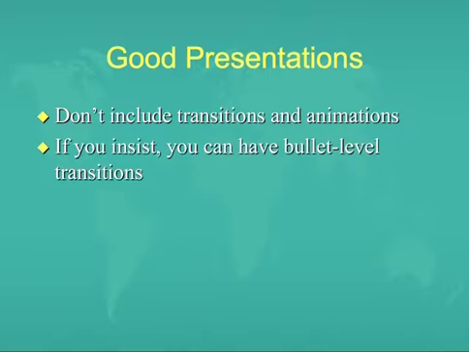If you insist, as your book explains, you can use bullet level transitions. Bullet level transitions help each bullet show up one by one on the screen. So here I have 2 bullets. If I had installed a transition, I could make 1 bullet appear and then I'd hit enter and then make the second bullet appear. Now that can be helpful, but it can also backfire on you because you have to hit enter or the space bar for every single bullet.